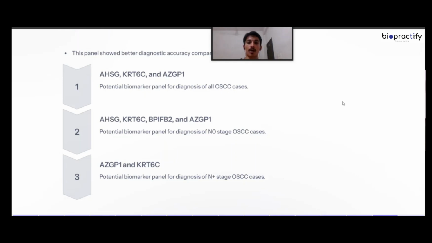A potential biomarker panel for diagnosis of N0 stage OSCC cases, wherein no cancer is found and the lymph node doesn't have cancer cells, is AHSG, KRT6C, BPIFB2, and AZGP1 proteins. And for N plus stages of OSCC cases, AZGP1 and KRT6C proteins can be used.